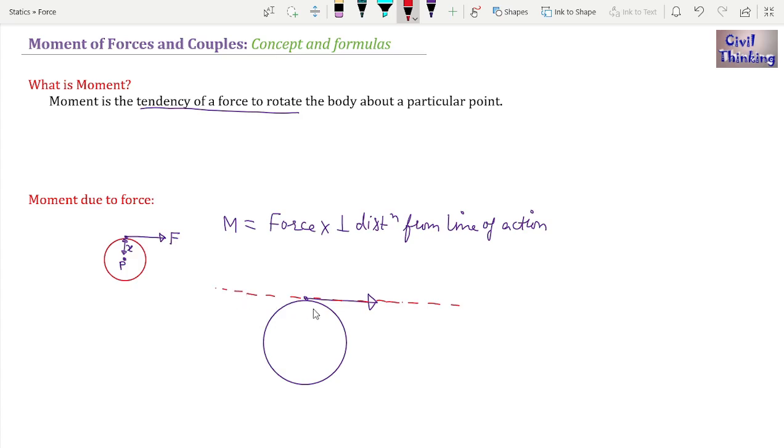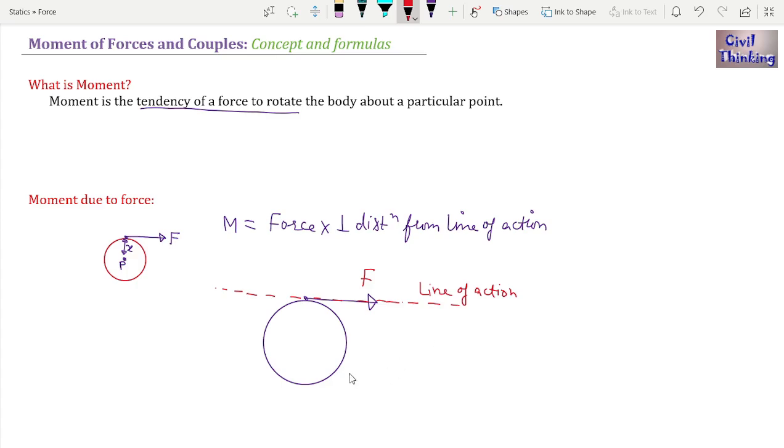This is the line of action of this force. If you don't know about line of action, it is the line along which the force is acting. This F force is acting along this line. You can also watch my video lecture on line of action if you need.